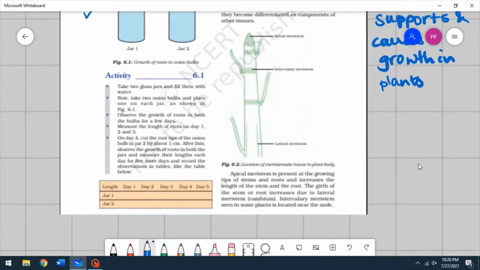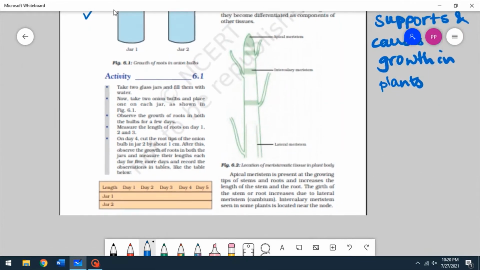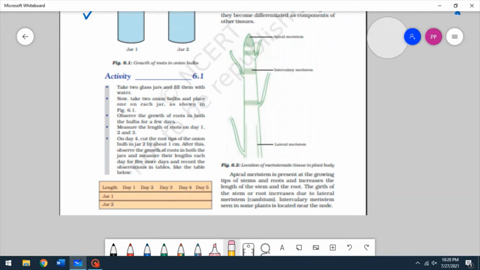Even humans, if you consider two newborn babies, let's say a boy and a girl, they look similar in their infancy, but as they grow, they start showing characteristics that are specific to their gender only, right? Some show characteristics of males and some show characteristics of females, and that's what makes us differentiate between males and females.